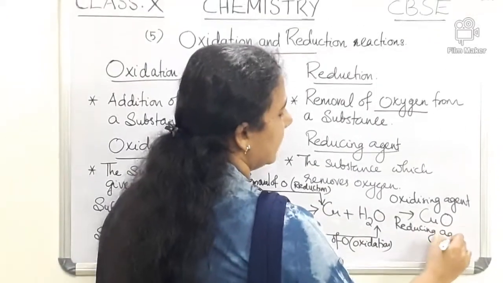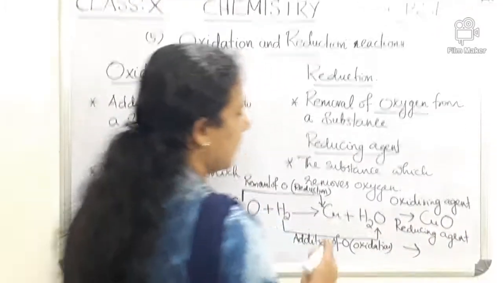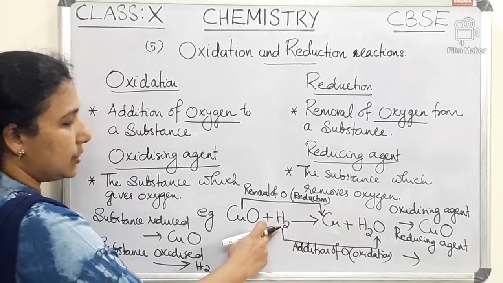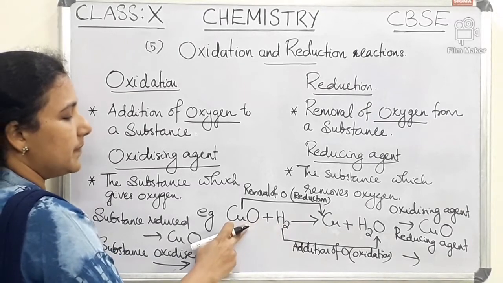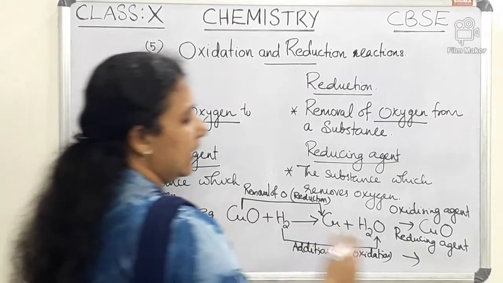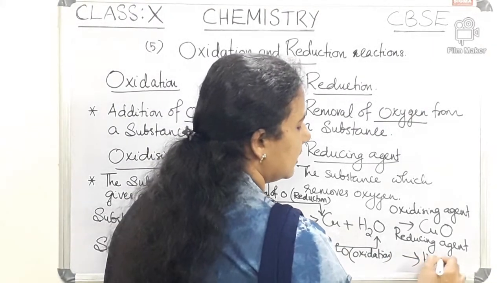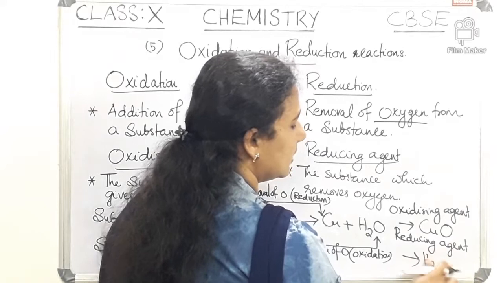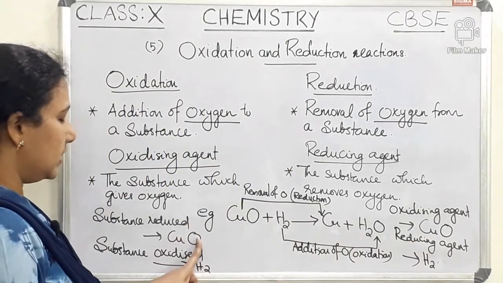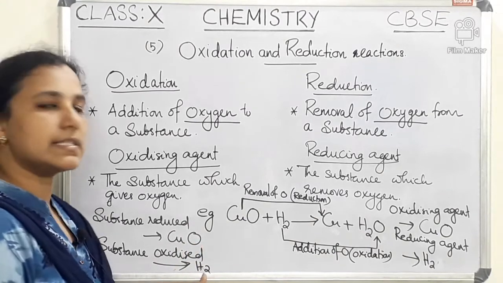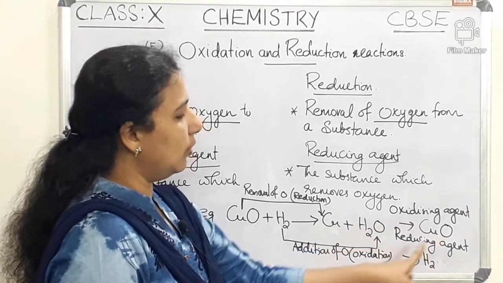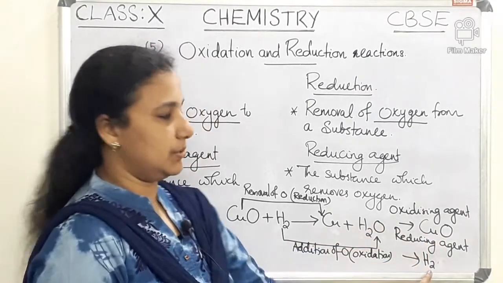The reducing agent is the substance which removes oxygen. Here H2 removes oxygen from CuO. So H2 is the reducing agent in this reaction. So the substance reduced is CuO, the substance oxidized is H2, the oxidizing agent is CuO, and the reducing agent is H2.